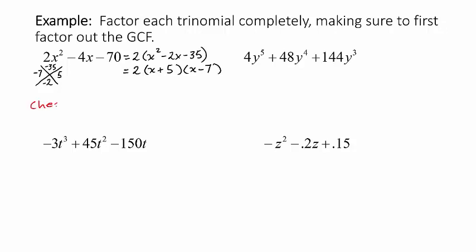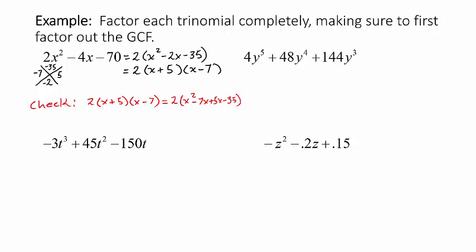Okay, now when we check it, take what you ended with and multiply it back through and see if you get what you started with. So leave the 2 alone and just FOIL for the moment. So you're going to have x times x is x squared, x times minus 7 is minus 7x, 5 times x is 5x, 5 times negative 7 is minus 35.